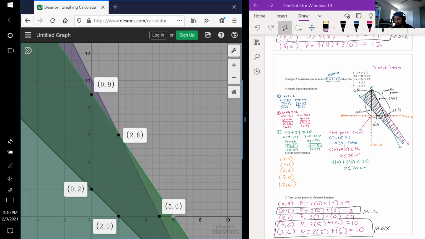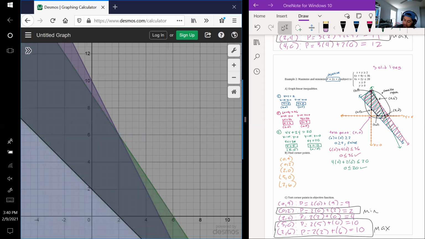So, Professor, what would happen if these were just less than? Would the corner points change? If all of them were less than? Yeah, or any of them. Then, let's see. Well, no, one of them's greater than. So let's say they were all greater than. Then my shadings would be going up to the right, which means my corner points would be at 10, 0, 2, 6, and 6, 0, and that would be it.